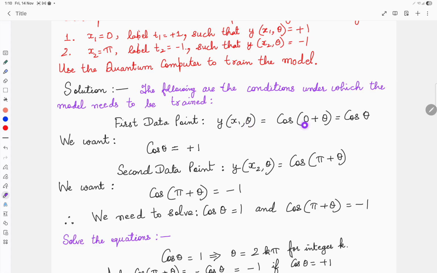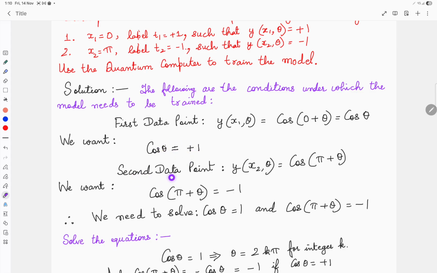Since x1 for the first point is 0, and theta value we can choose any value out of the whole range, y of x1 comma theta comes out to be cos theta. So we want cos theta equal to +1.